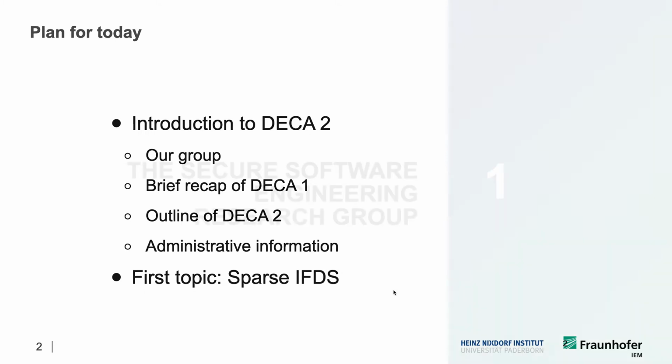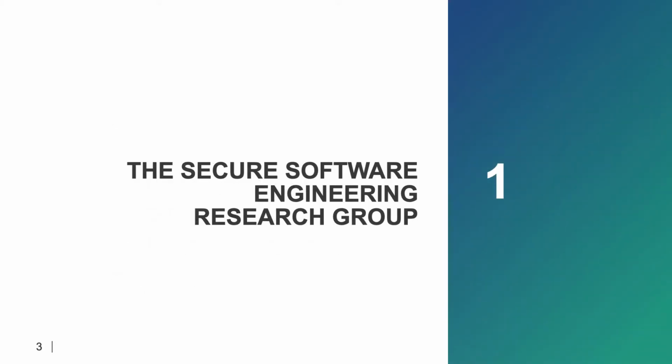So first of all, about our group. I'm running the Secure Software Engineering Research Group, so we are concerned with aiding software developers in making the software that they develop more secure.